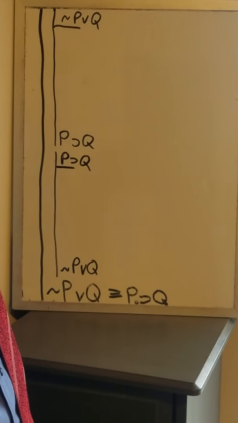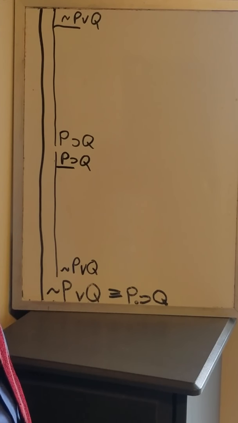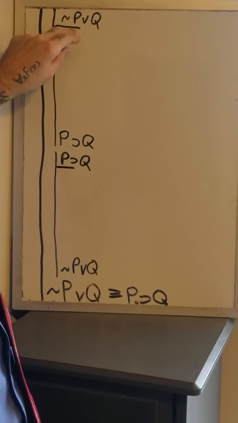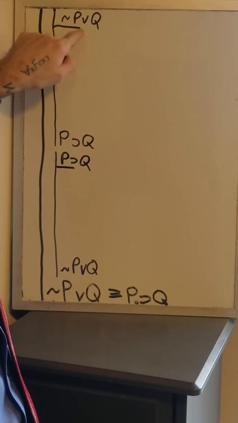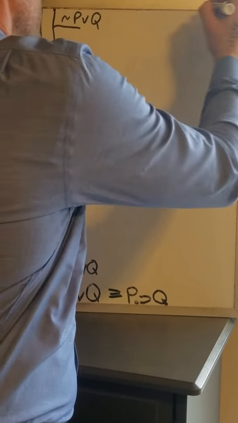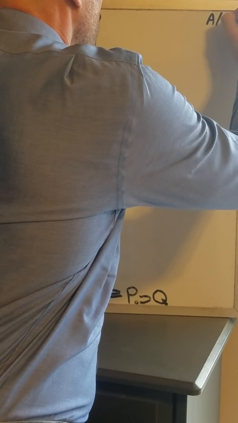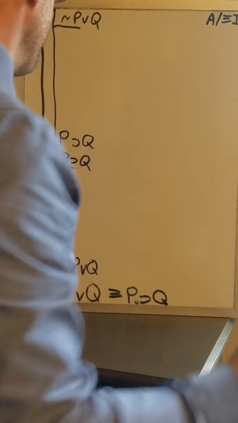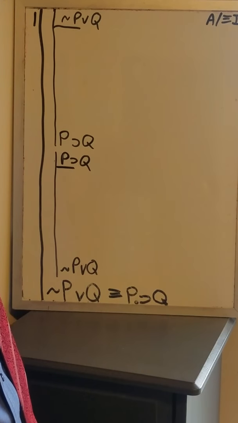So these tend to be very long derivations, so you kind of got to write small. All right, so here we're starting with an assumption for purposes of biconditional introduction. And we're trying to get a conditional.